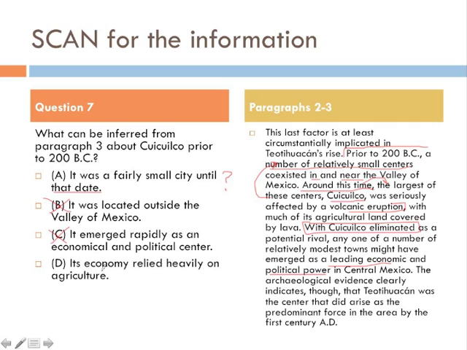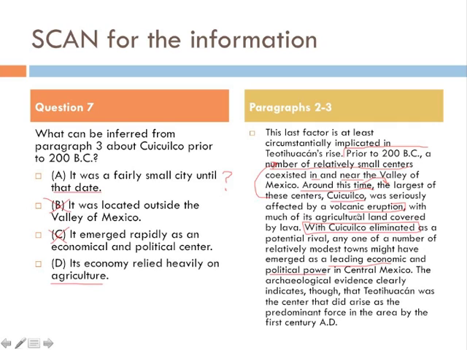Finally, in D, its economy relied heavily on agriculture. Well, we do notice that Cuicuilco was seriously affected by the volcanic eruption, with much of its agricultural land covered by lava. Now, why do you think the text mentions the agricultural land? Well, again, we are talking about very old civilizations.